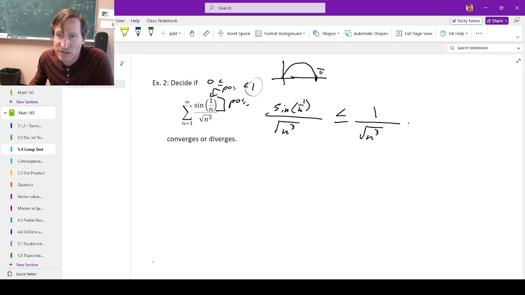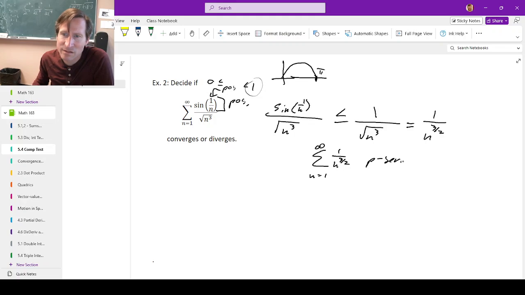So we have our comparison. Notice that this 1 over square root of n cubed is actually 1 over n to the 3 halves. So the sum of 1 over n to the 3 halves from n equals 1 to infinity is a p-series, and p is bigger than 1, right?